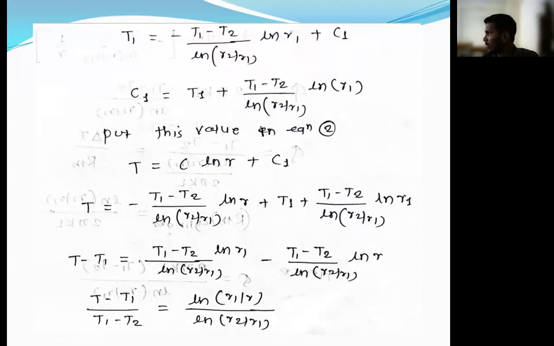So whatever the equation we got in the plane wall, that is y is equal to mx plus c, in that way from the equation we said that the temperature distribution for the cylinder is logarithmic.